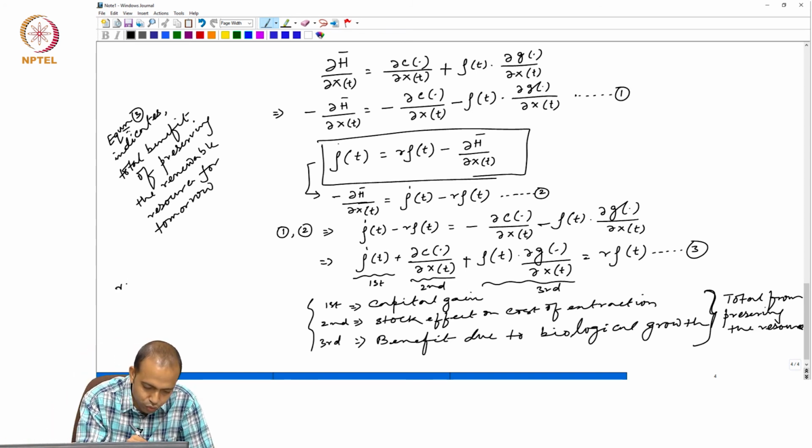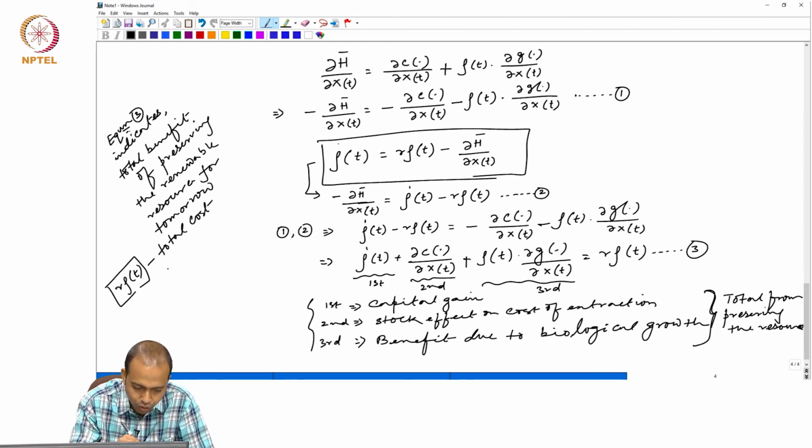And R into rho t basically indicates total cost of preserving the resource for tomorrow.